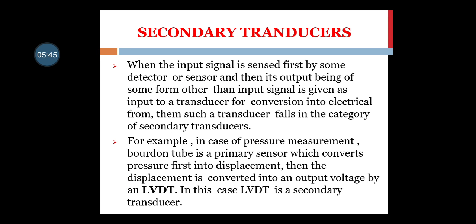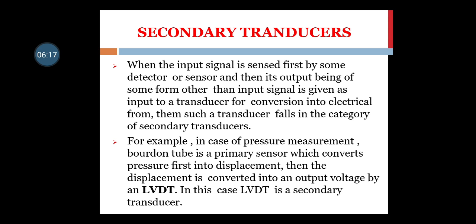Secondary transducers are transducers in which the input signal is sensed first by some detector or sensor, and its output, being of some form other than the input signal, is given as input to a transducer for conversion into an electrical signal.